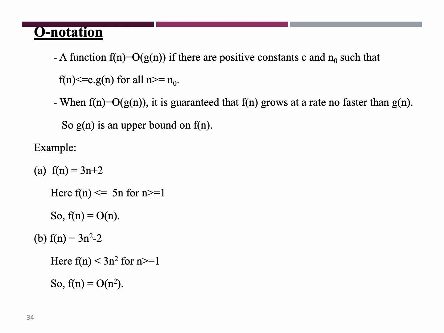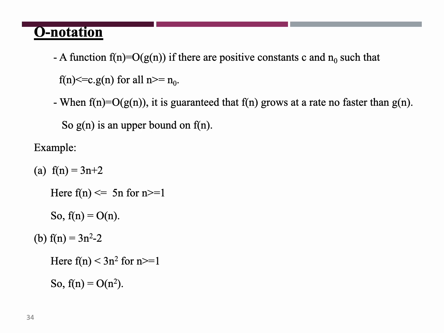So let's now dive into big O notation, which is one of the most important concepts in analyzing the performance of algorithms. Big O notation provides a way to describe the upper bound on the growth rate of a function, typically used to express the time complexity or space complexity of an algorithm. In other words, it tells us how the runtime or memory requirements of an algorithm grow as the size of the input increases.